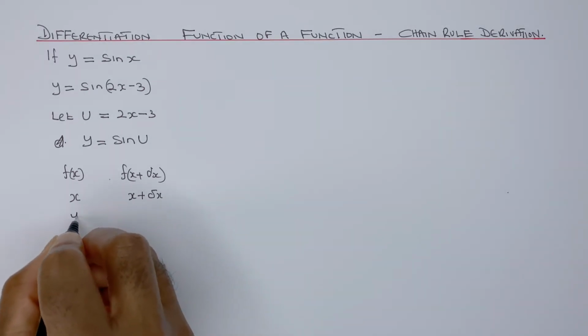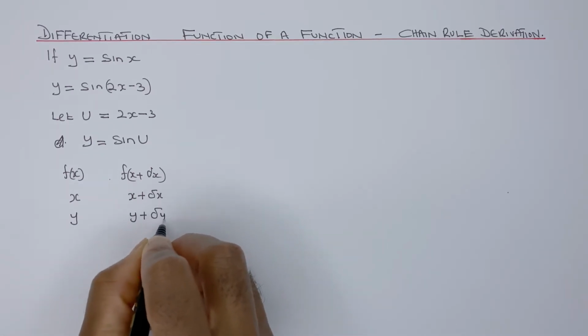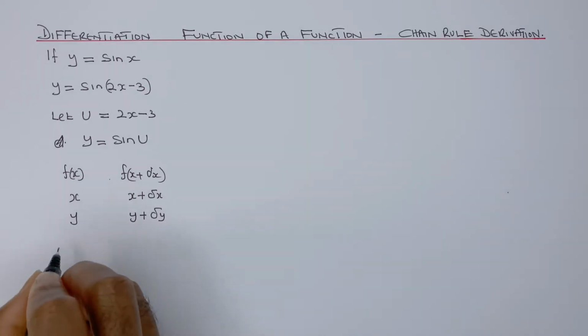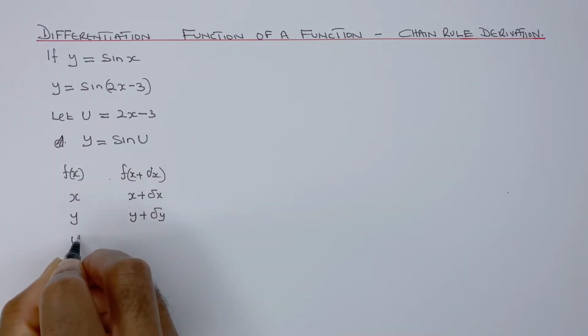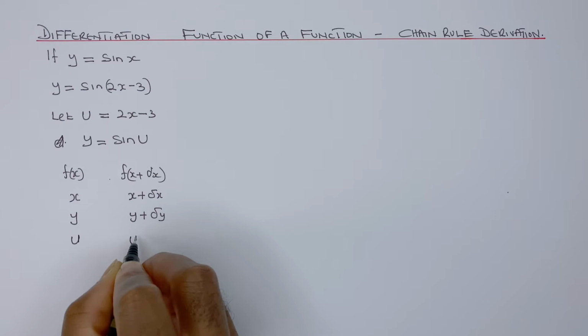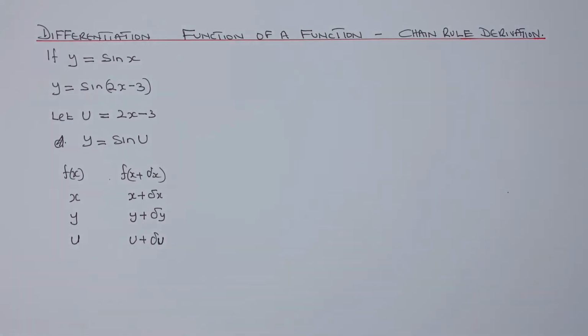And if this is y, this will be y plus delta y, the small change that happens. And if we have u, this will be u plus delta u. So those are the small changes that take place.